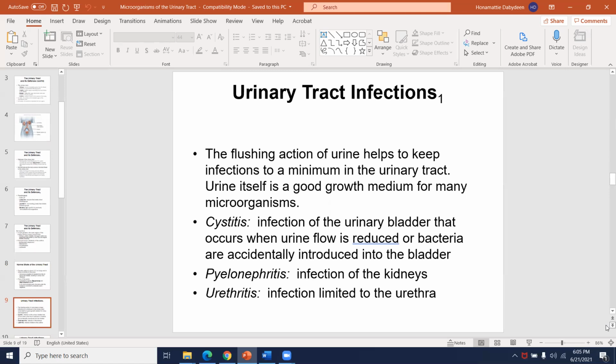Cystitis is infection of the urinary bladder. And of course, urethritis, infections of the urethra. We're not going to talk much about urethritis when we do the urinary tract infections, but we will deal a lot with urethritis when we do genital and sexually transmitted diseases.